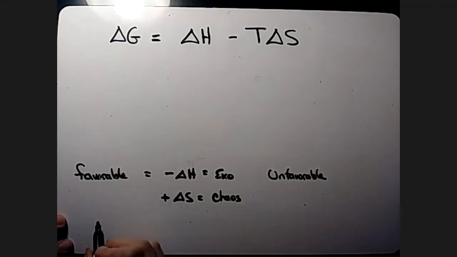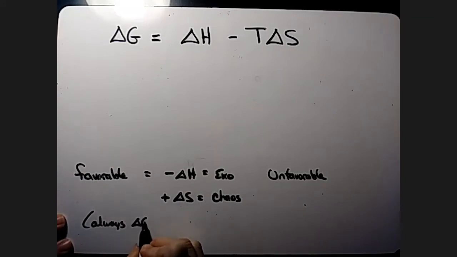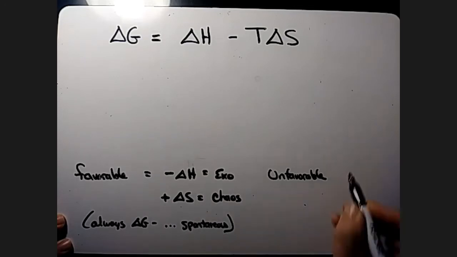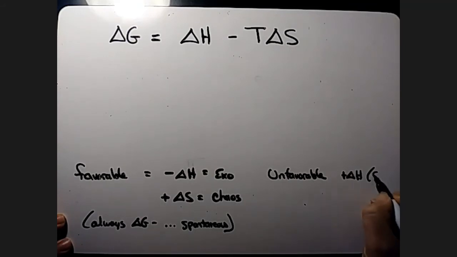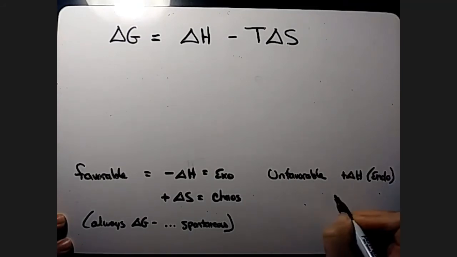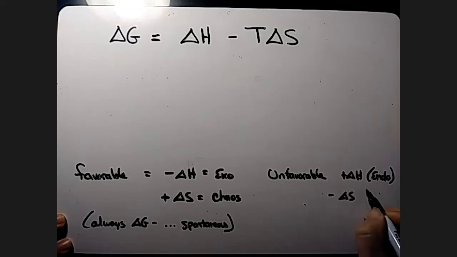I'm going to write a little note here. Always delta G minus, spontaneous. So unfavorable would be a positive delta H, meaning an endothermic reaction, and a negative delta S, which would mean that it's moving toward order, and that takes energy.